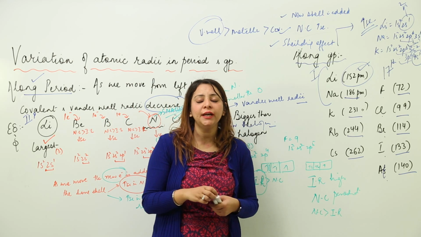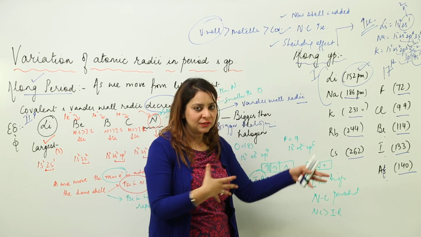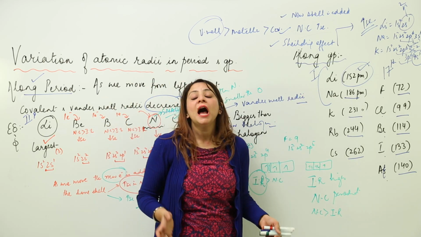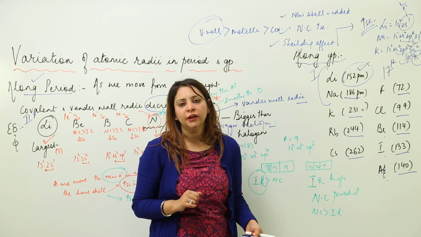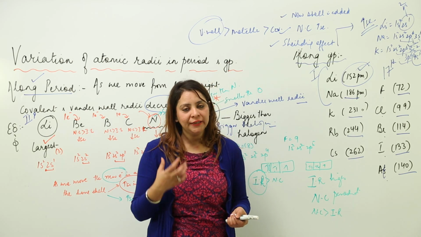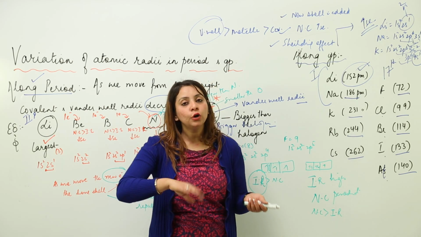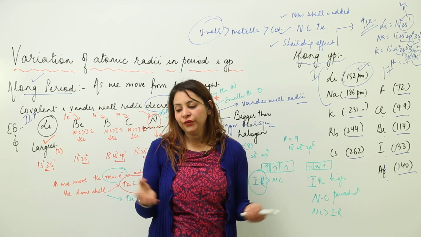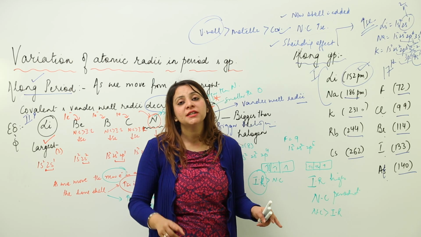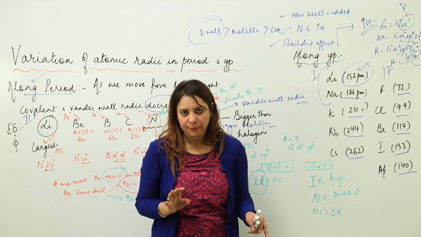Shielding effect is actually, let's consider an example. Suppose we have a huge sun in a room and there is a person standing at the corner. He will feel the heat and light of the sun. Now in the second case, we fill this room with many people and that person is still standing at the back.